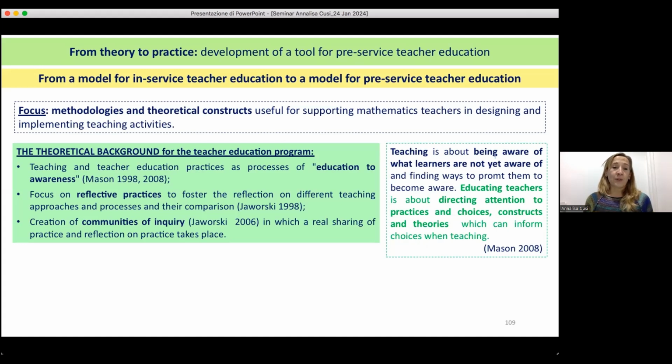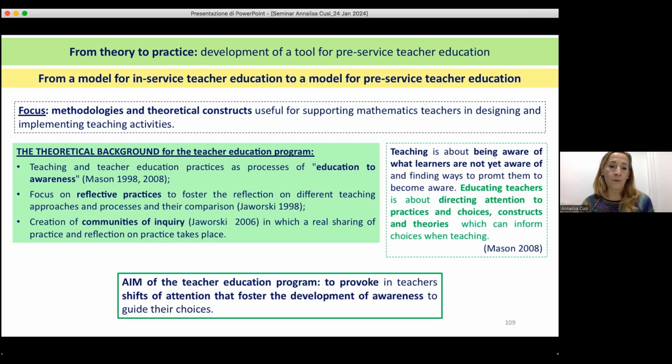And another important reference for my work with teachers is the research developed by Barbara Jaworski, in particular on the role that reflective practices play in fostering reflection and comparison about teaching approaches and processes, and the importance of creating communities of inquiry in which a real sharing of practice and reflection on practice takes place.